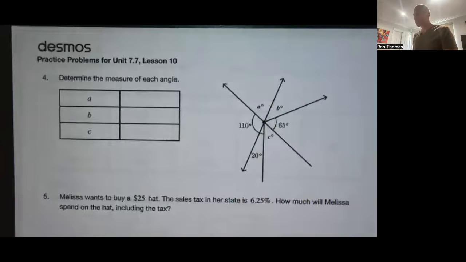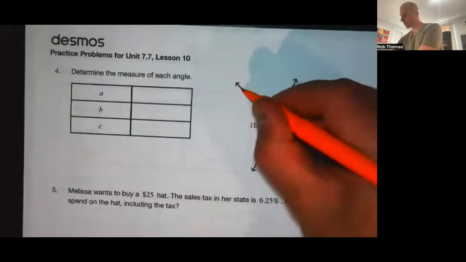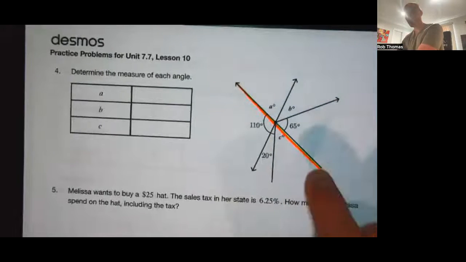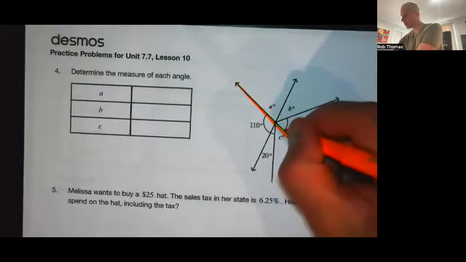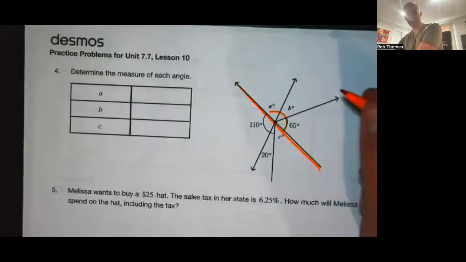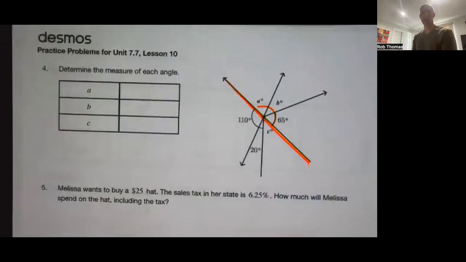We're probably also going to need the fact that these angles here on top of this line and on bottom, these ones here, they all add up to 180, right? And then all the ones on the other side of the line also add up to 180.